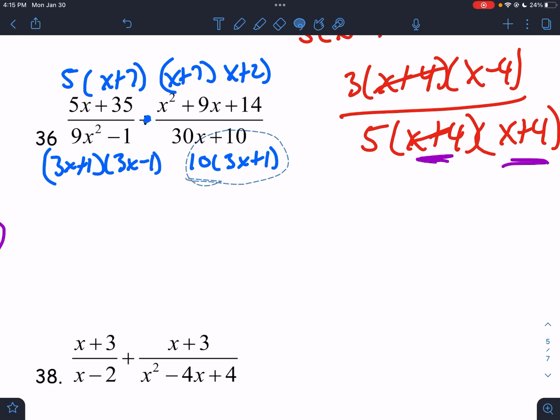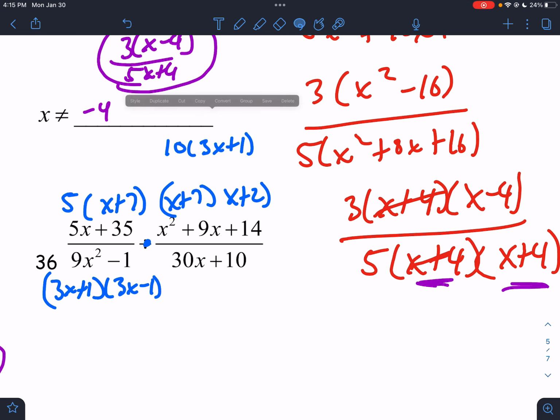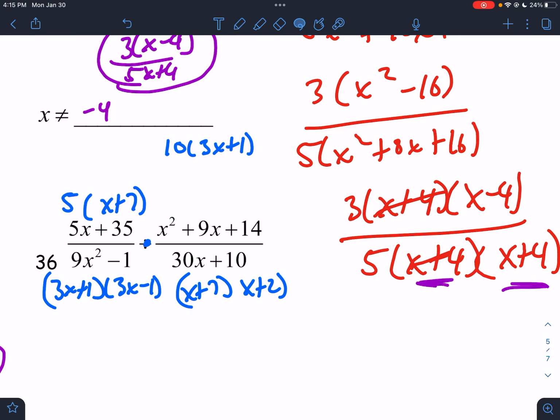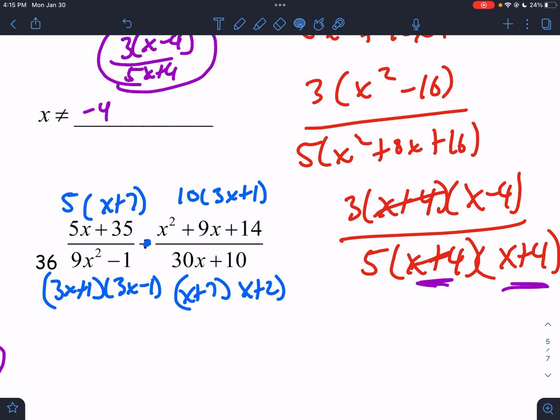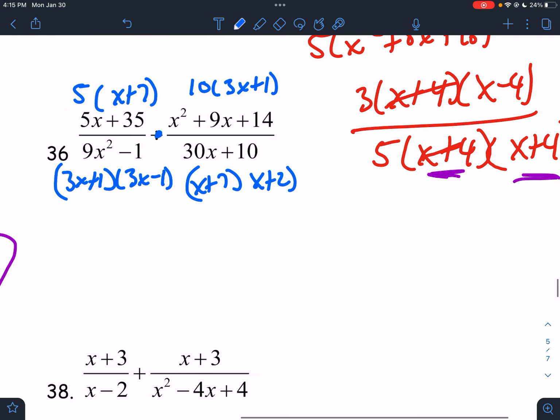But we're going to switch the top and the bottom because we're going to change that division to multiplication. And to do that, we have to multiply by the reciprocal. X plus 7s cancel out. Nice. 3x plus 1s cancel out. And that's all I see. So on top we have 5.